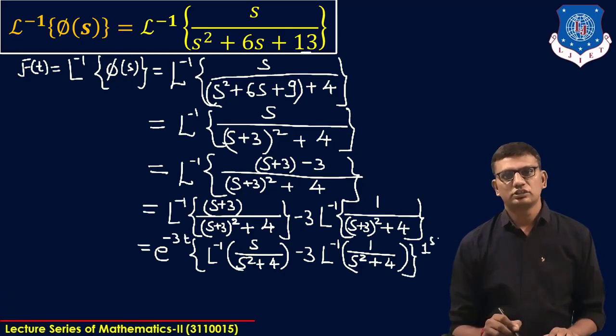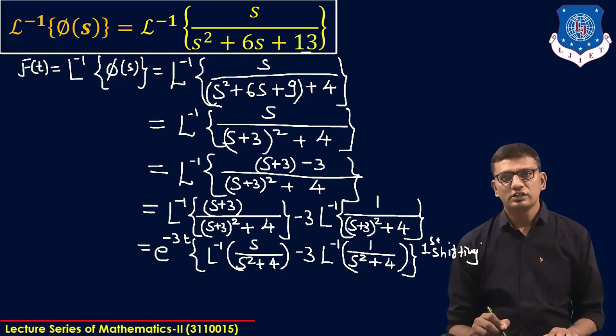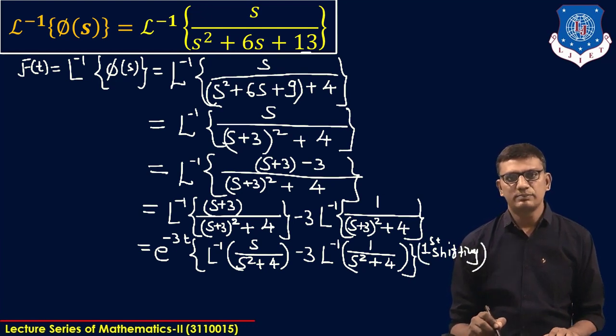This is the first shifting property in inverse Laplace transform because in our question s is replaced by s plus 3 everywhere.